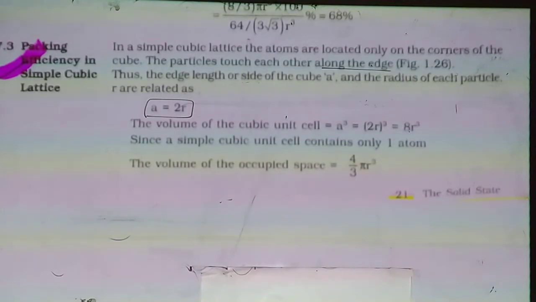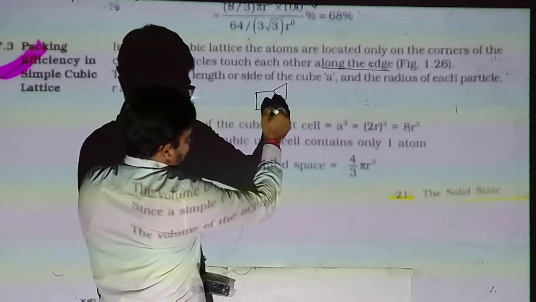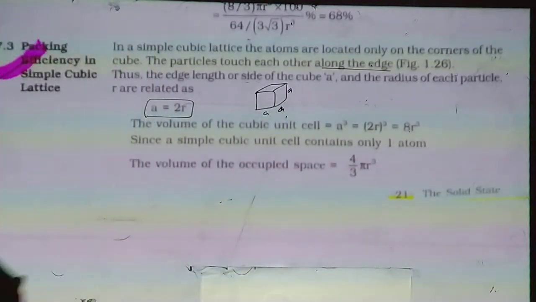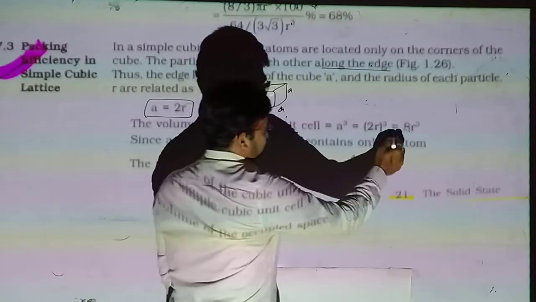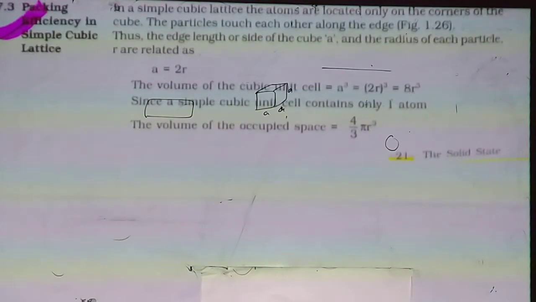The volume of the cubic unit cell should be A cube, length, breadth and height. In a cube, it is the same, length, breadth and height. So A cube, (2R) cube, 8R cube. Since a simple cubic unit cell has only one atom, the volume of occupied space is 4 by 3 pi r cube.